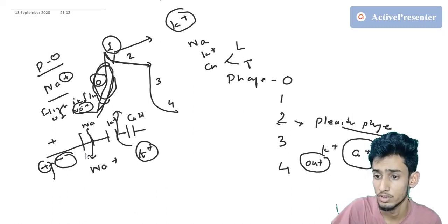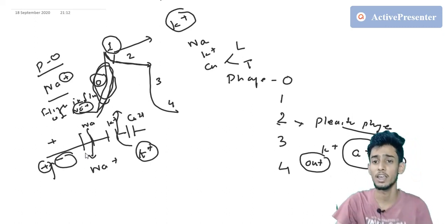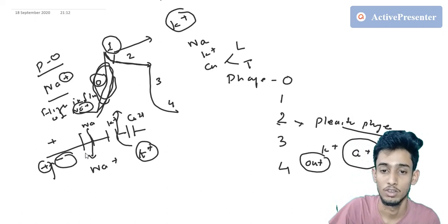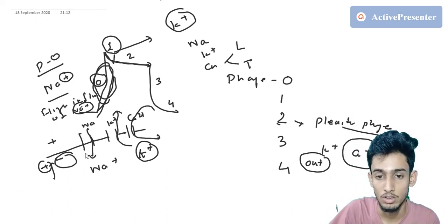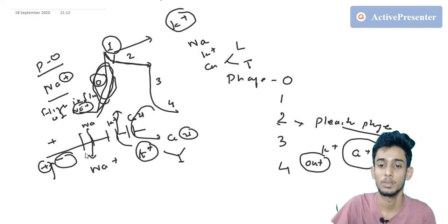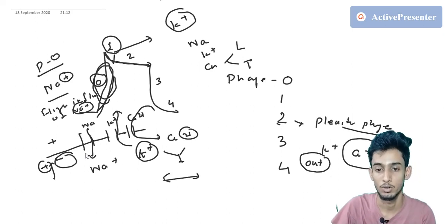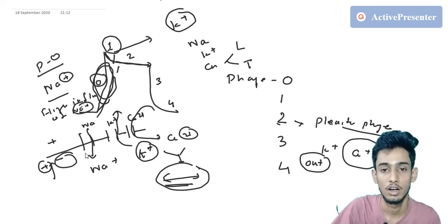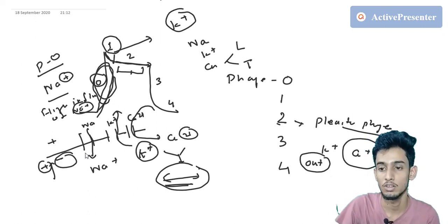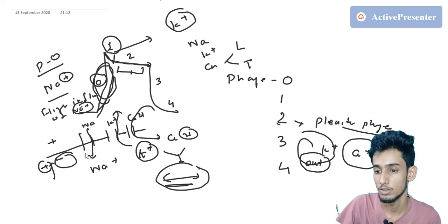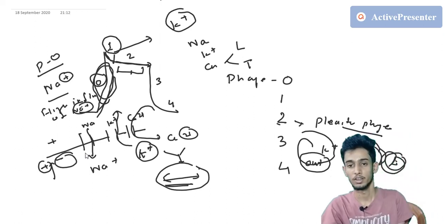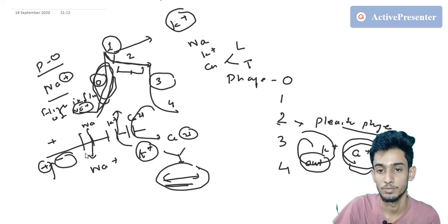Which type? This is L type. Remember, this is L type. It's coming into the cell. So net result, potassium out, calcium in. So there is a plateau phase, no change in membrane potential. Remember which ions? Potassium and calcium. Which type? L type. Let's move on to phase 3.